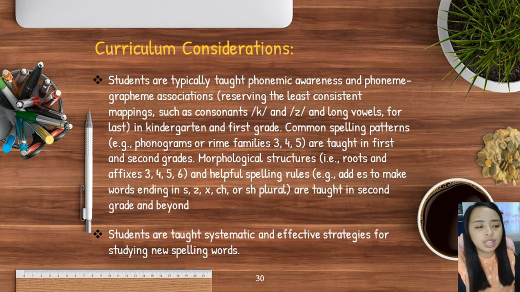Morphological structures, for example roots and affixes, and helpful spelling rules, for example adding -es to make words ending in S, Z, X, CH, or SH plural, are taught in second grade and beyond.